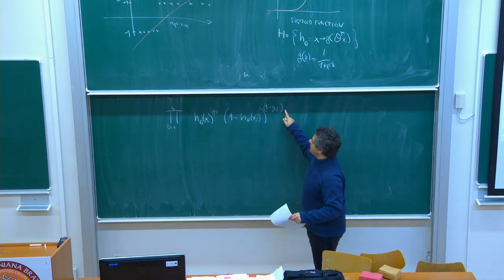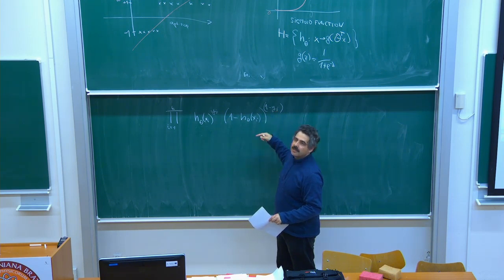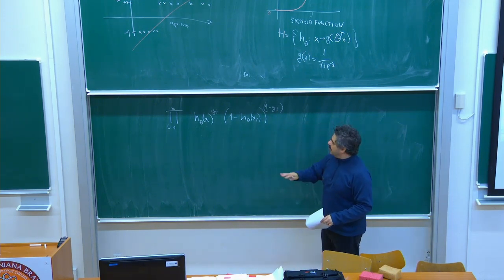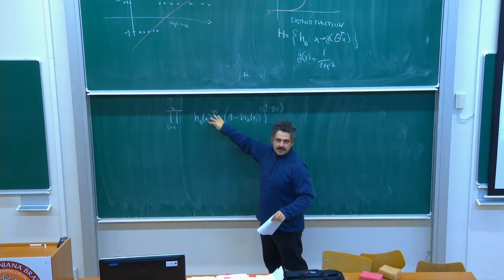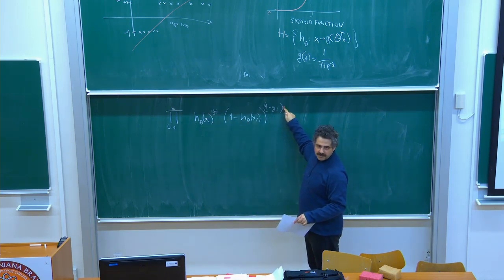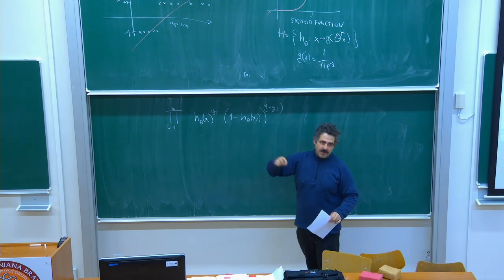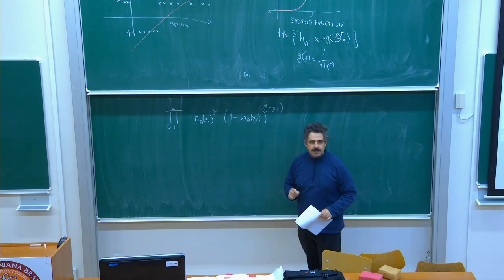And if I don't buy the apartment, then this part would be 1, and this part would be the probability of me not getting the apartment, because the probability of not getting the apartment is 1 minus the probability of getting the apartment.